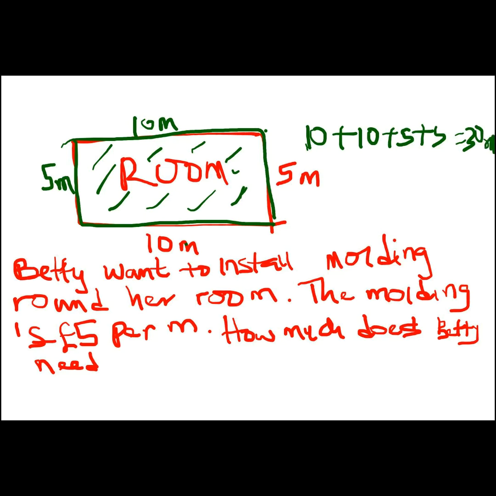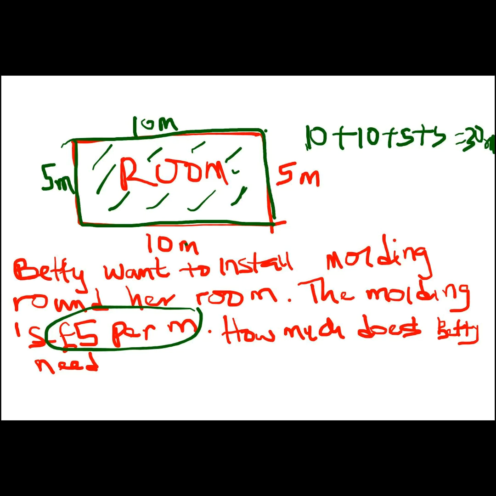Okay. So, and the cost is what? 5 pounds per meter. So how much will it cost to do all this? If it's 5 pounds per meter and you have 30, it's 30 times 5.